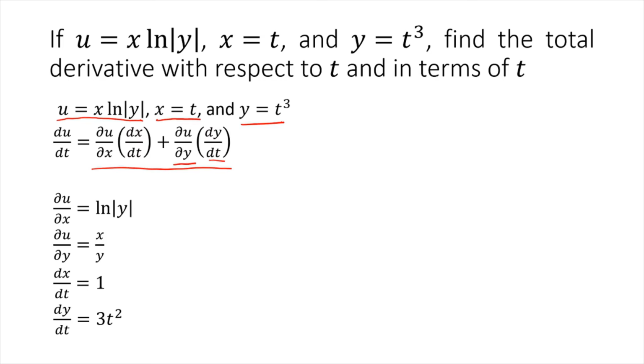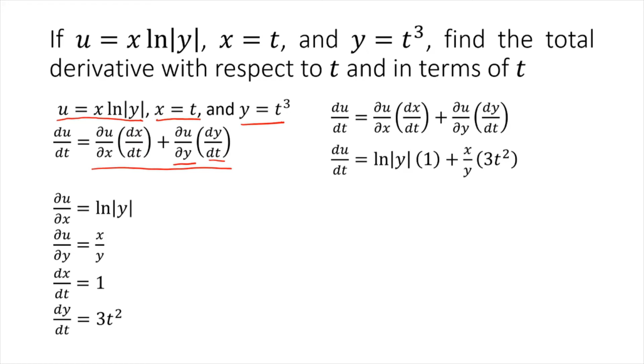All right, so let's plug these equivalent expressions into the working equation. We have ln y, the partial derivative of u with respect to x, then dx/dt, the derivative of x with respect to t. The partial derivative of u with respect to y, x over y, and then dy/dt, that's 3t squared.